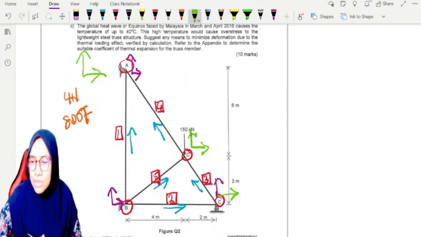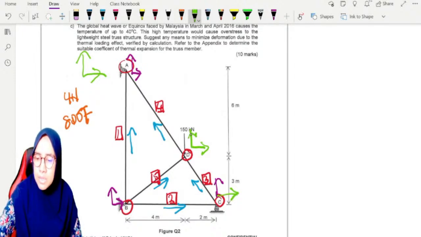Whenever we label, we should label each node.